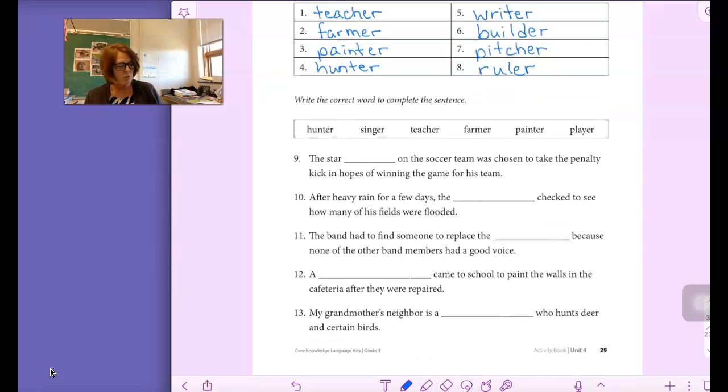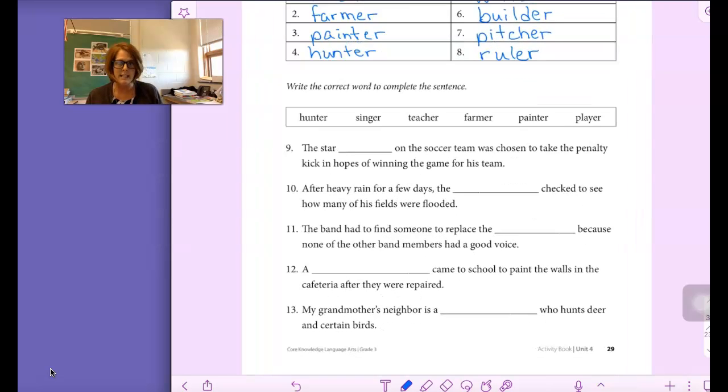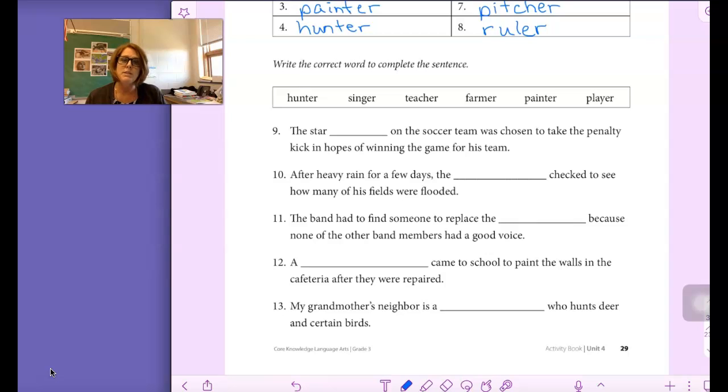Now, down below, you are going to do numbers 9 through 14. 14 is on the next page. You're going to do these on your own. We have the words, because you know what these words mean. Hunter, singer, teacher, farmer, painter, and player.